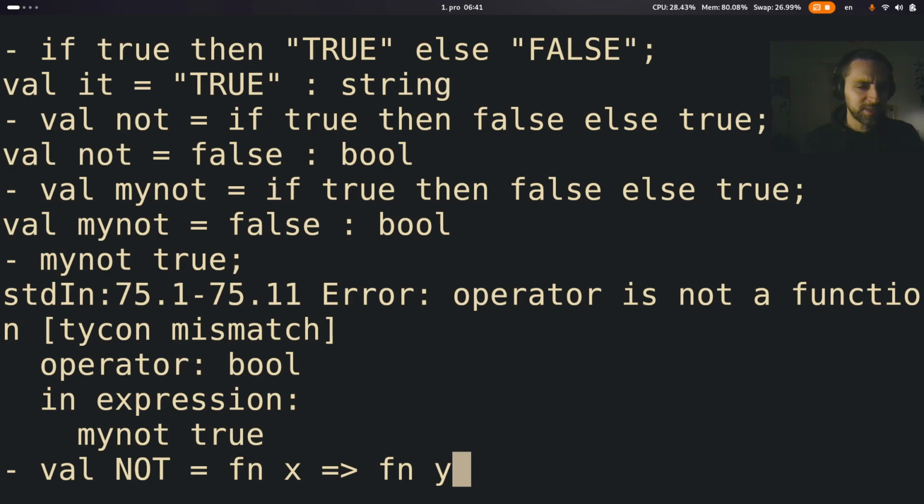So it will not take a second. So the fn of x and returns a y. Really? But this wouldn't work. What's a y?